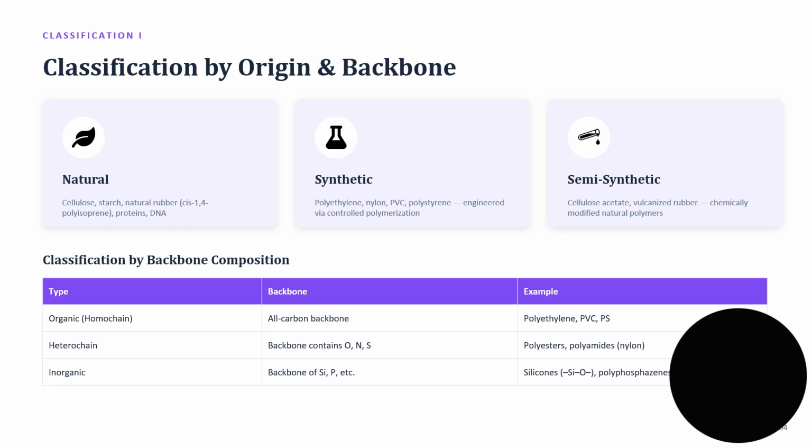Second, we can classify by what makes up the backbone itself. Organic or homochain polymers have an all-carbon backbone. Think polythene, polyethylene, PVC, polystyrene. Heterochain polymers have oxygen, nitrogen, or sulfur built into the backbone.